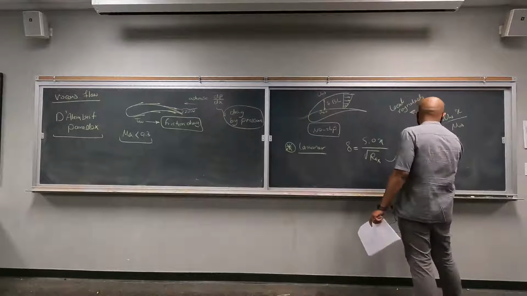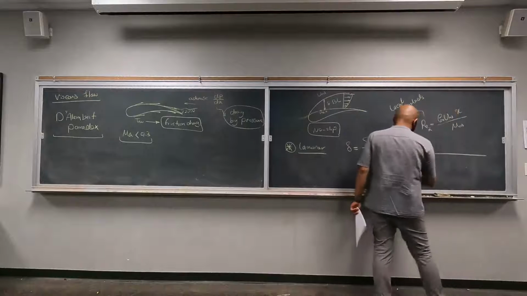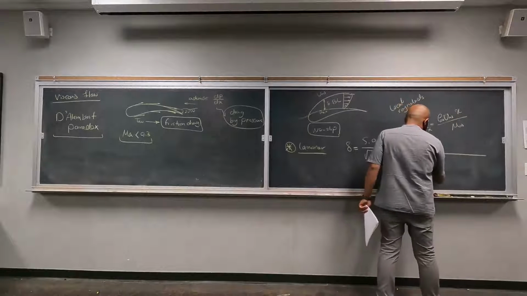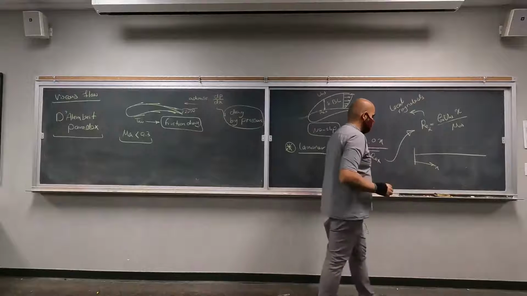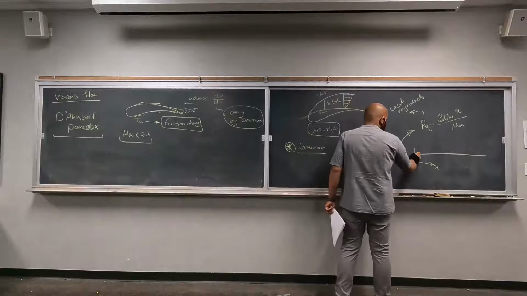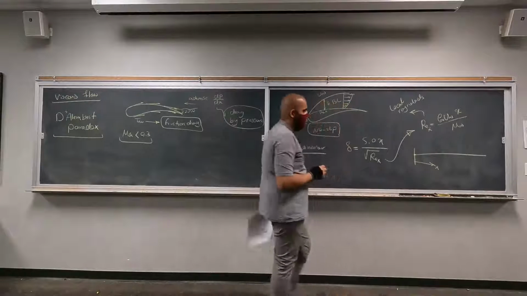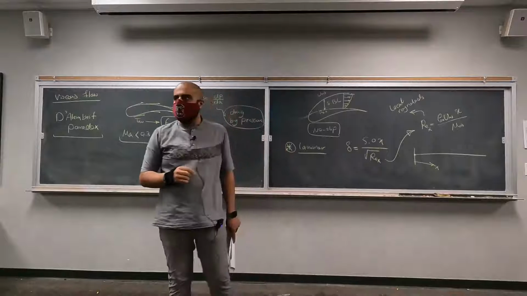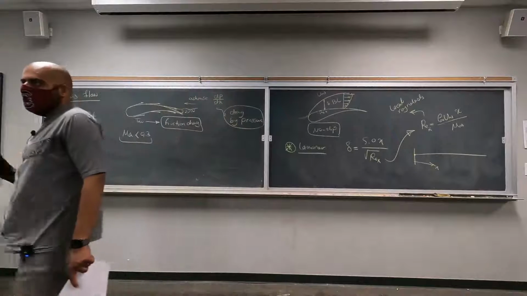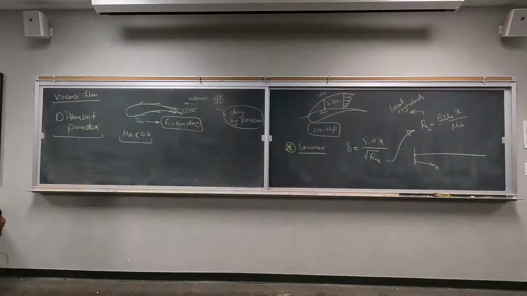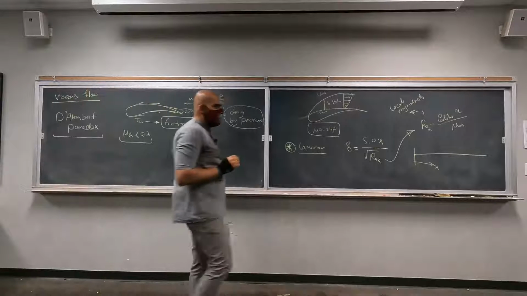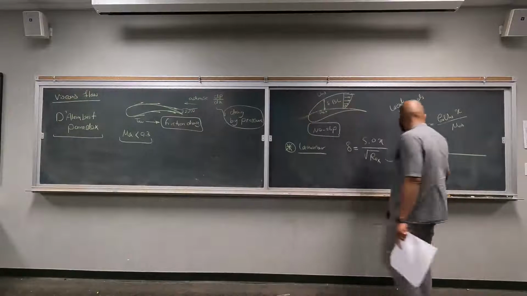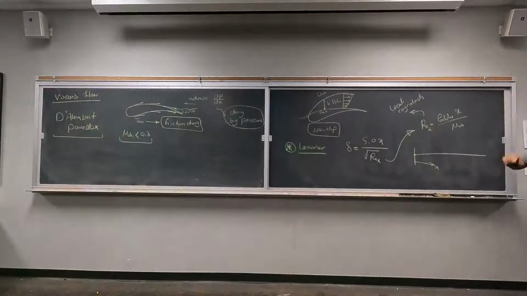So let's say we are moving on a flat plate, with the center of the coordinate system from here. This is how you calculate Reynolds number. What does this mean for Reynolds number? Reynolds number is a function of x. It means that this local Reynolds number is going to increase from 0 to a finite value, right?